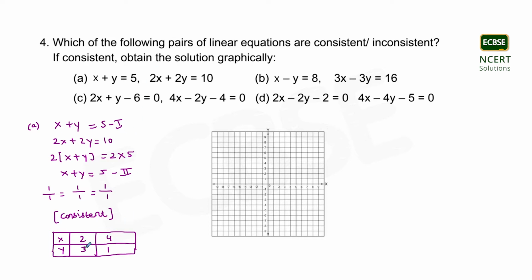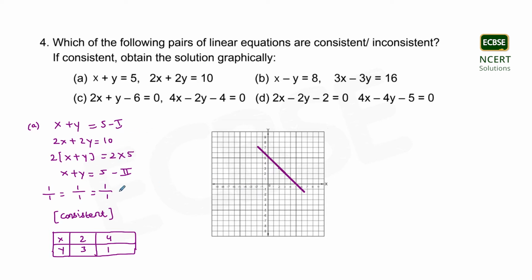So representing the point (2, 3) on the graph, it will be this point, and marking the point (4, 1), it is this point. The next step is to join these two points, that is, we will draw a line passing through these two points. This will be the line obtained for these two linear equations.